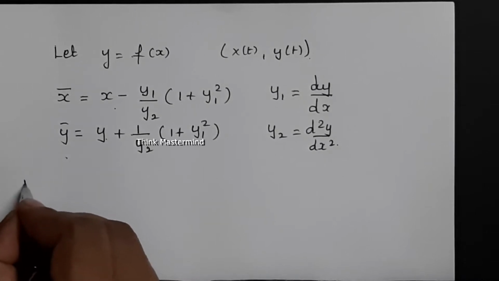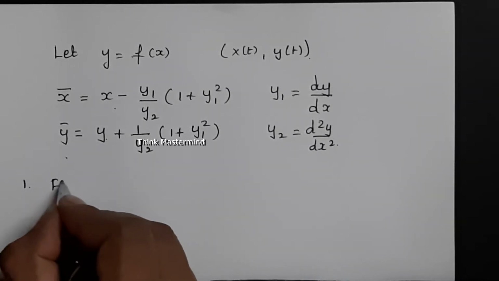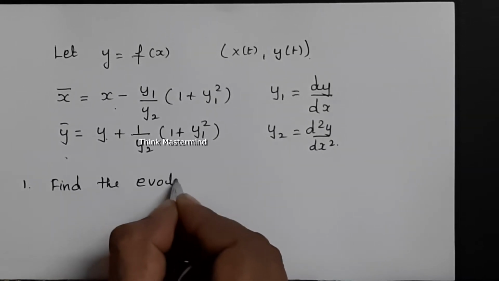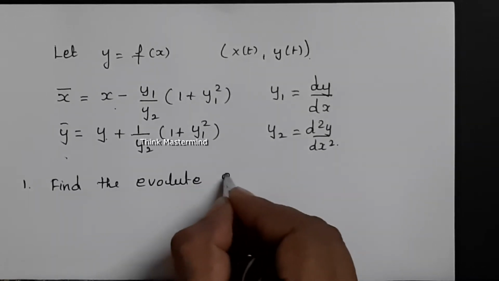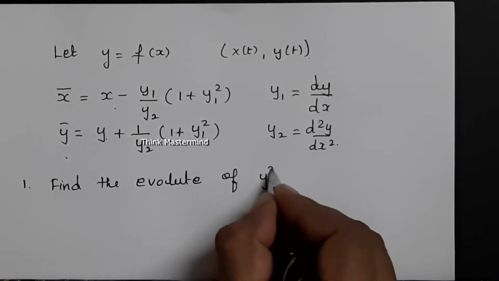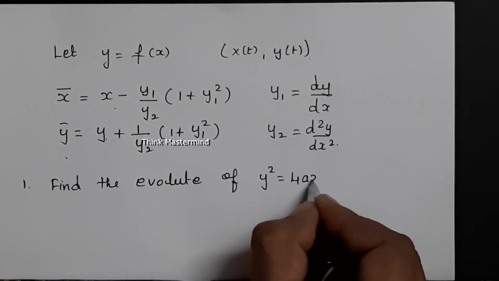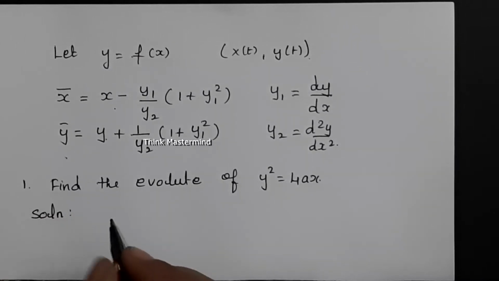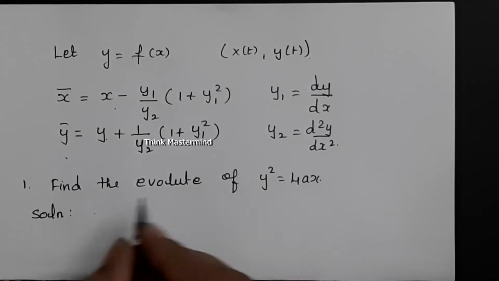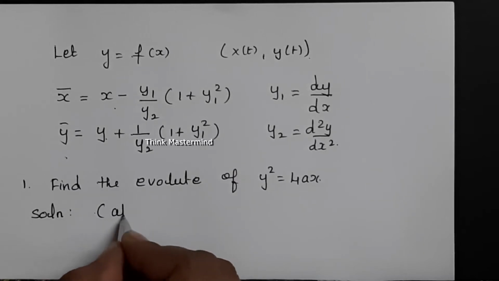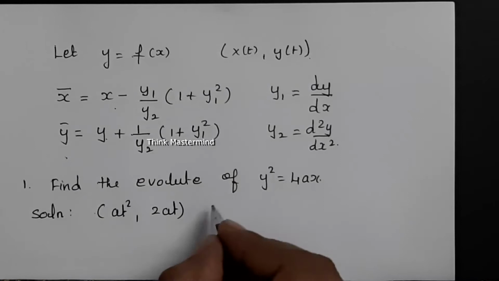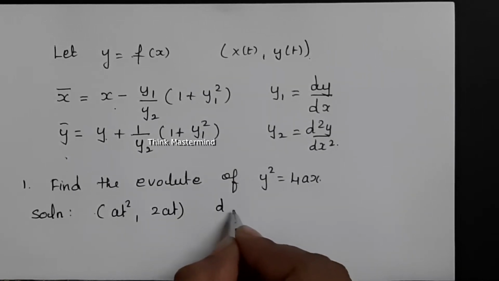Taking example 1, find the evolute of the parabola y square is equal to 4ax. Solution: considering the parametric equation of the parabola, that is at squared comma 2at, we find dy by dx.